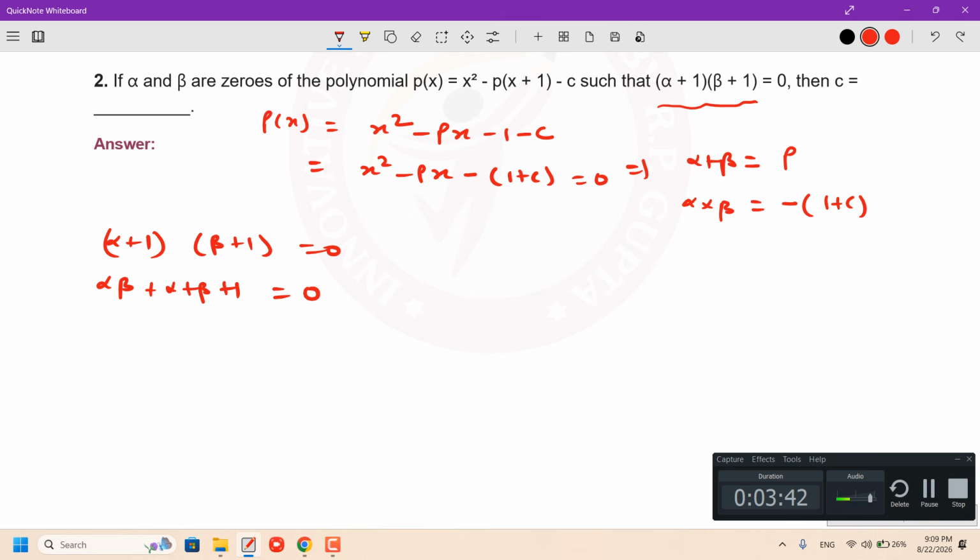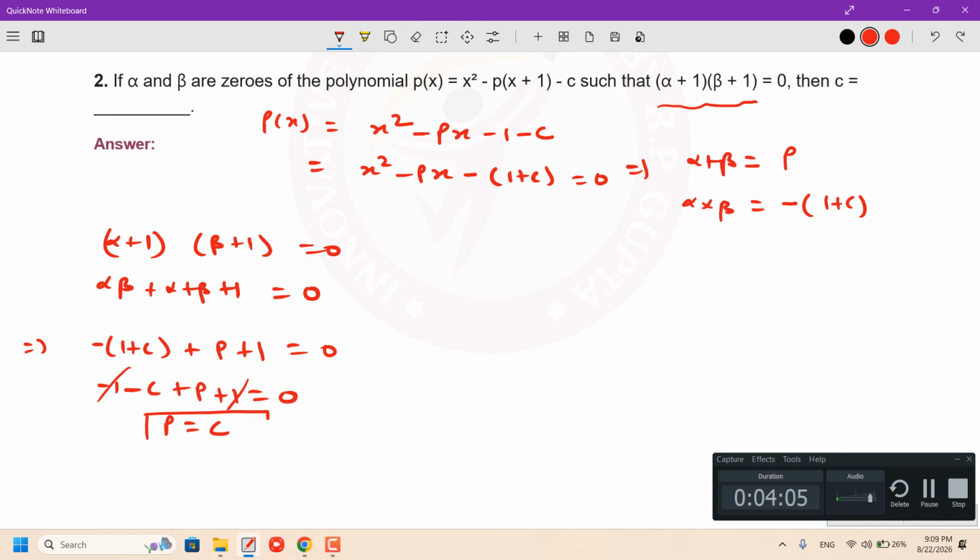So alpha into beta is minus 1 plus c, and alpha plus beta is p, plus 1, and this is equal to 0. So minus 1 minus c plus p plus 1 equal to 0. Minus 1 plus 1 cancel, so p is equal to c. We got the value of c as p.